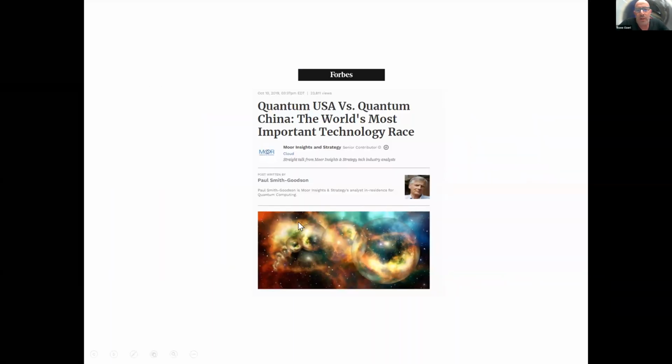I think it's well understood that if quantum computers would actually mature to a viable large-scale technology, that would be a truly transformative and disruptive technology and a strategic asset. In fact, this is an article by Forbes magazine from 2019 claiming that the quantum race is probably the most important strategic technological race between the US and China today.